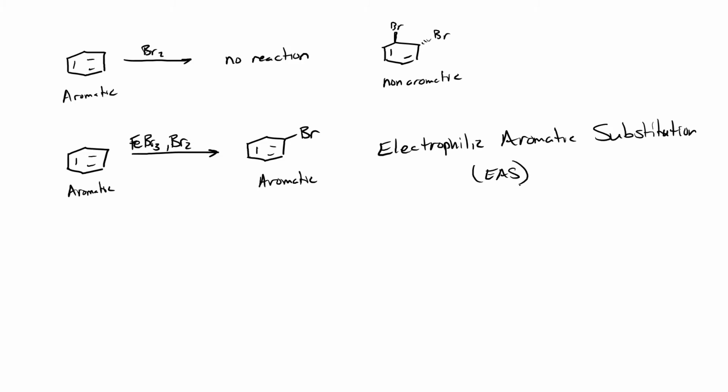If you're in the organic 2 lab, you've done this reaction. Nitration is an example of electrophilic aromatic substitution. The Friedel-Crafts reaction is an example of electrophilic aromatic substitution. So we have a couple of these in the lab, and you may have seen some of these mechanisms before. We're going to talk about it a little bit more here.